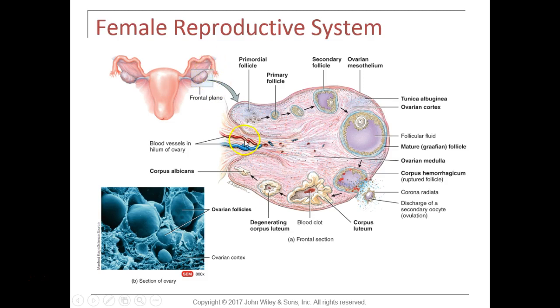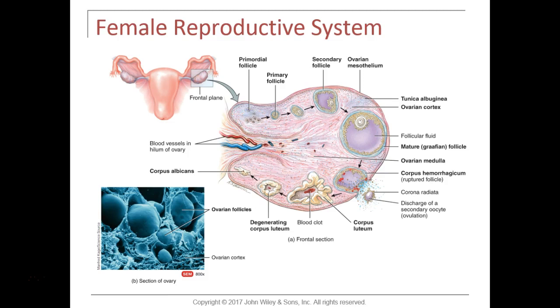So let's look at generically the development of these follicles. So a female baby is born with all of the primordial follicles that she'll ever have. So the female ovary has a limited number of eggs that can be developed over the course of the reproductive years of the female.